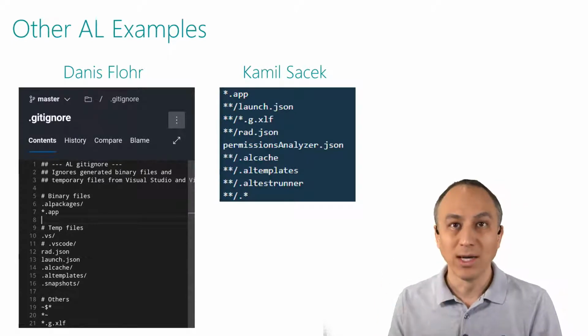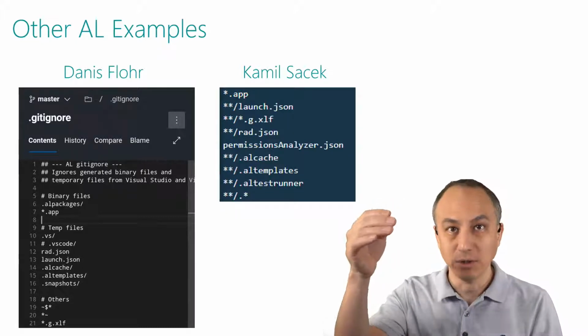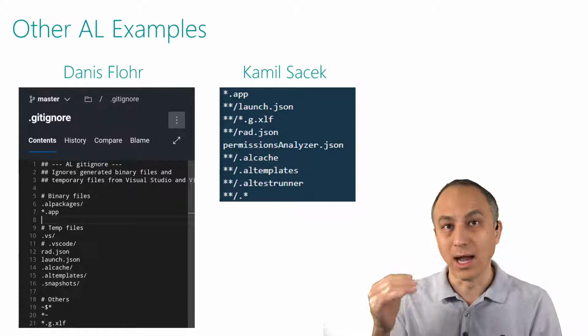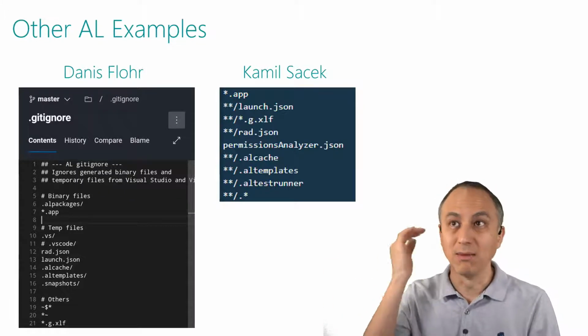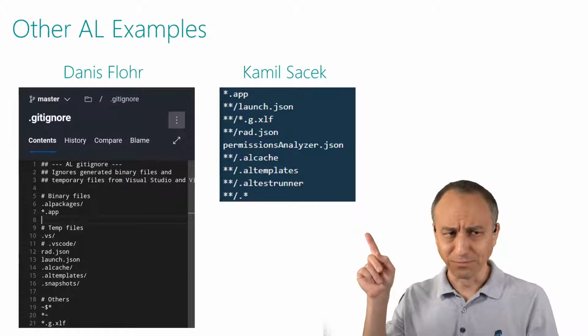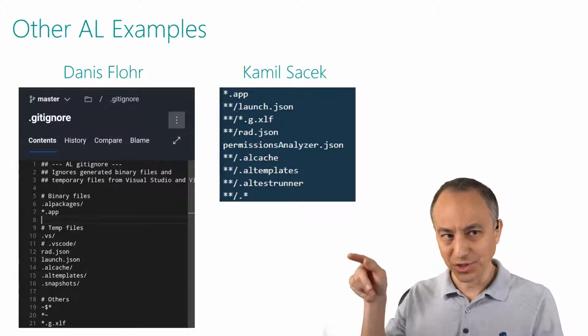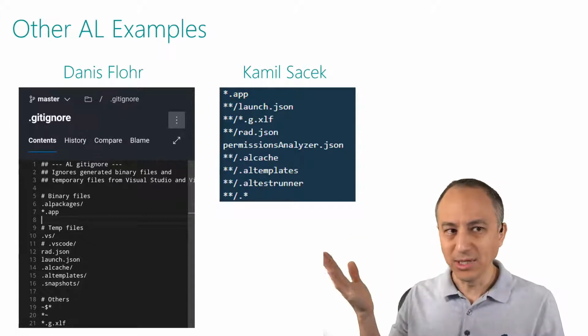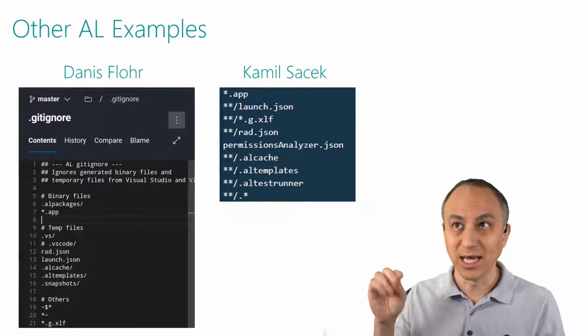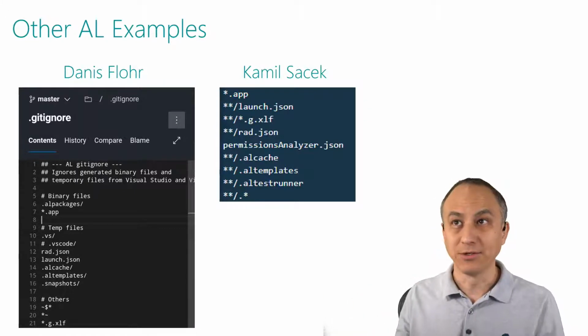So you just have one gitignore file, and it can exclude these files in your test app directories and your app directories both at the same time. So that's pretty clever. Now, he did point out that the one at the bottom there, double asterisk slash dot star, that would essentially exclude, my understanding is, any files that begin with a period in any directory.